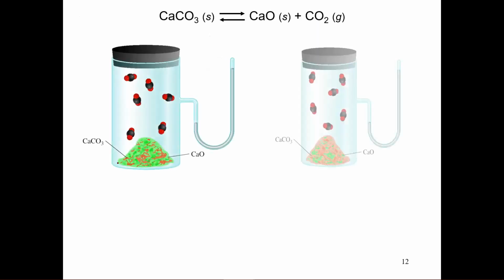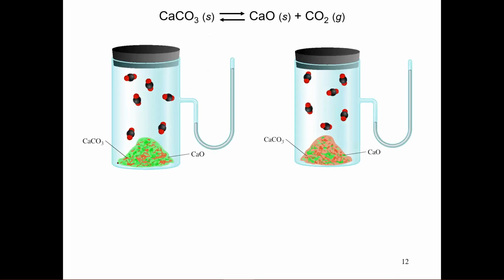Now let's look at an example here regarding each of these. You have calcium carbonate as a solid on the left and CaO mixed together. And then you've got more CO2 under these conditions. Now you have calcium carbonate there related to that, a different amount after the reactions take place. And this could be dependent on the temperature.